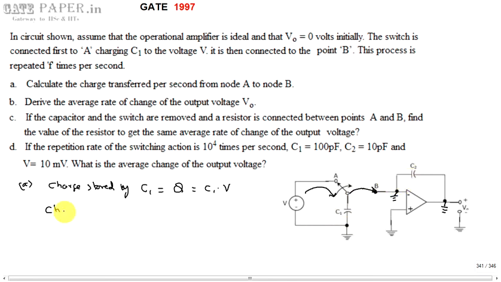So the charge transferred to C2 is the same as this one, Q is equal to C1 into V.